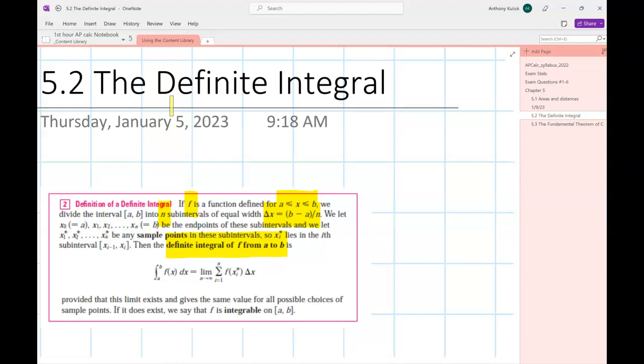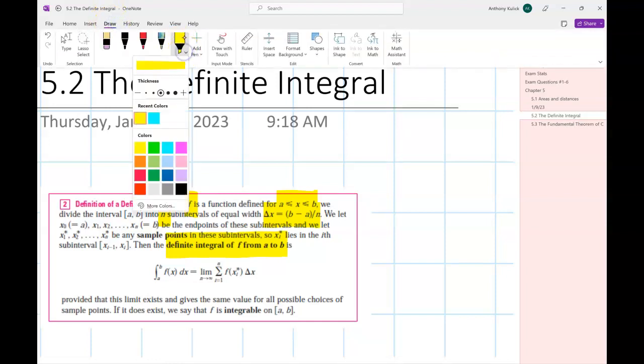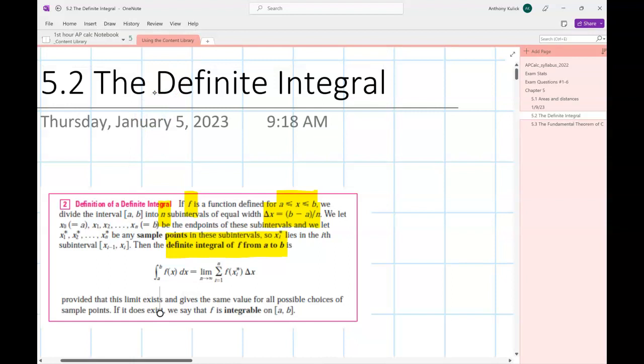Assuming that limit does exist, we say that f is integrable on the interval from a to b. So what we've defined here is a new calculus operation called the integral, or the definite integral. And that's what this symbol is here with the dx at the end.